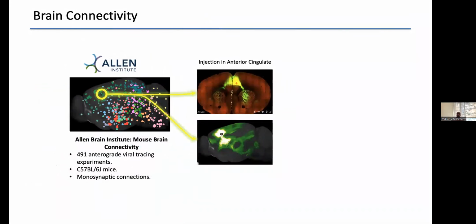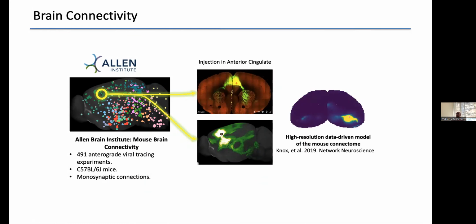And what we did is we used the data from the Allen Brain Connectivity Atlas, which is a series of injection experiments using 491 anterograde viral tracings in the C57 mice, which is what we use to trace out monosynaptic connections across the whole brain. And we used a high-resolution data-driven model of the mouse connectome as a backbone, a scaffold of the anatomical connectivity of what might be going on between these regions that have changed together.